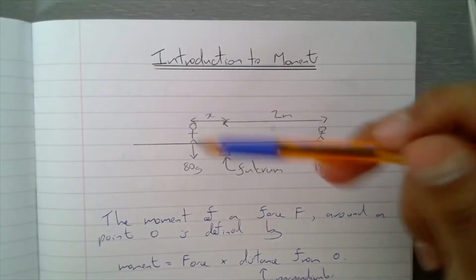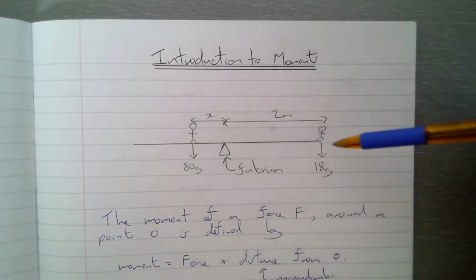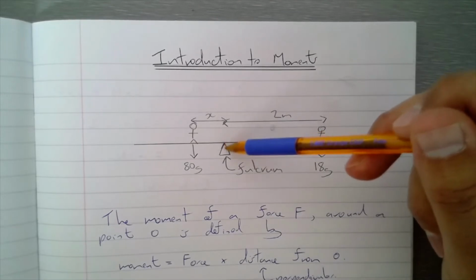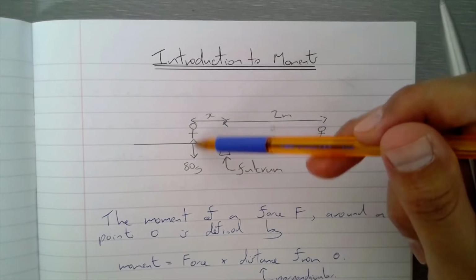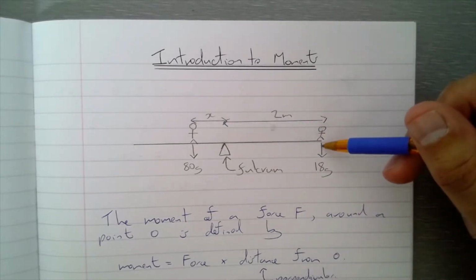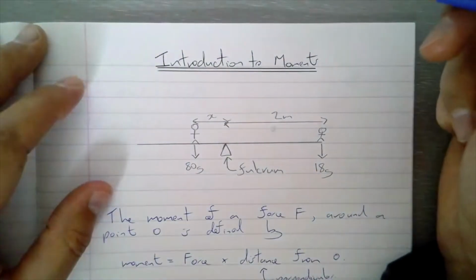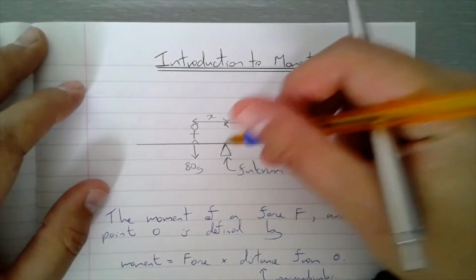I want these forces to be in equilibrium, and if I want these forces to be balanced, basically I want no turning happening around here. If I want no turning happening around here, then the moment generated by me has got to be equal and opposite to the moment generated by Max. So the total moment, in other words, must be 0 if this isn't rotating at all.